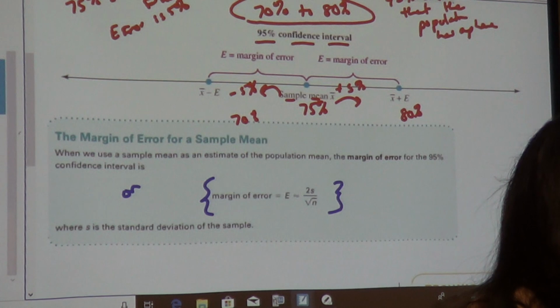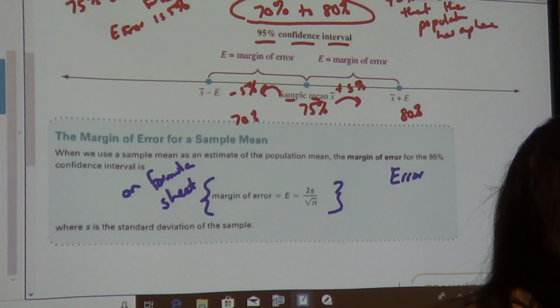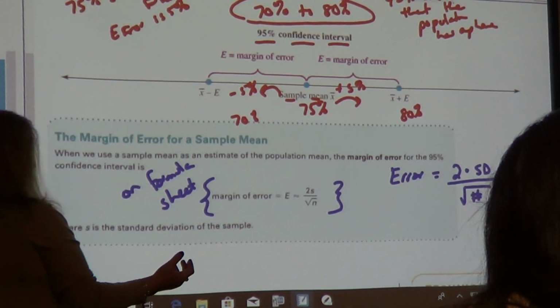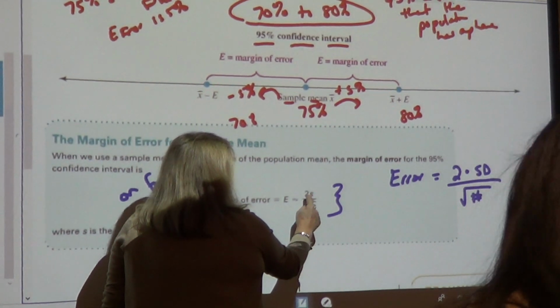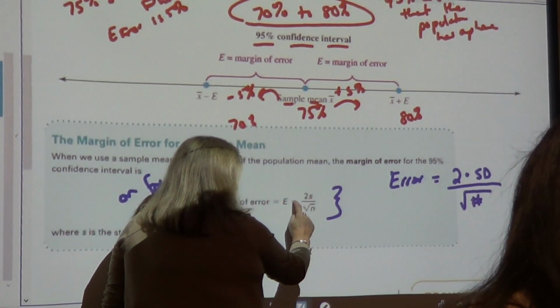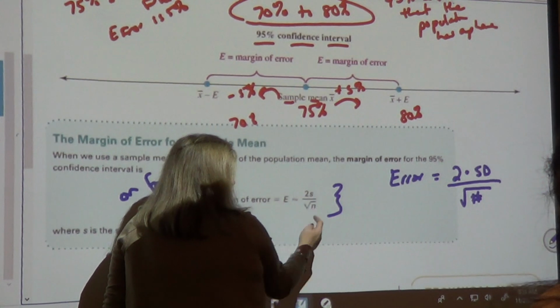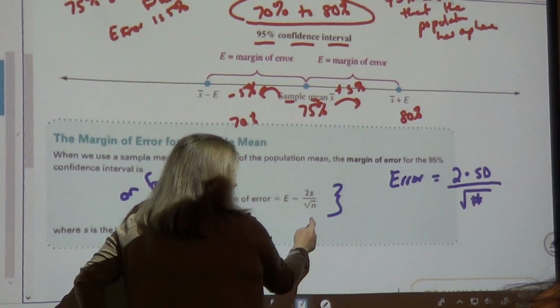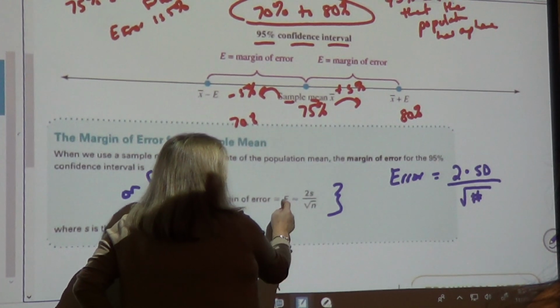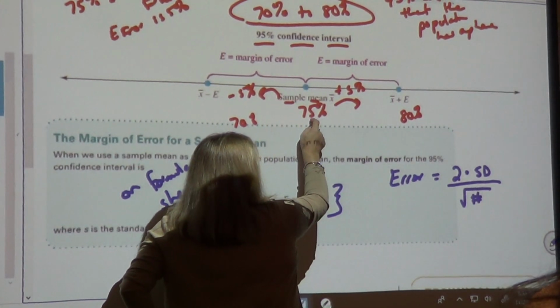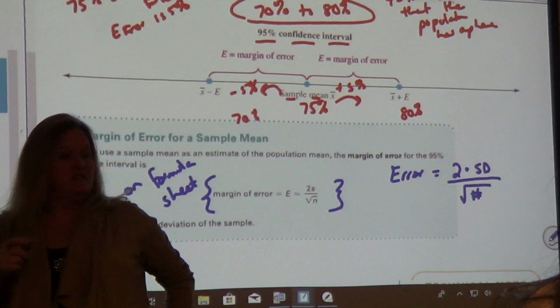It says that the error E is approximately 2 times S, which is our standard deviation, divided by the square root of N, which is how many pieces of data we have. That's going to give me my error. That's going to tell me what this number is. And once we get that number, we add and subtract it off the mean, off the average.